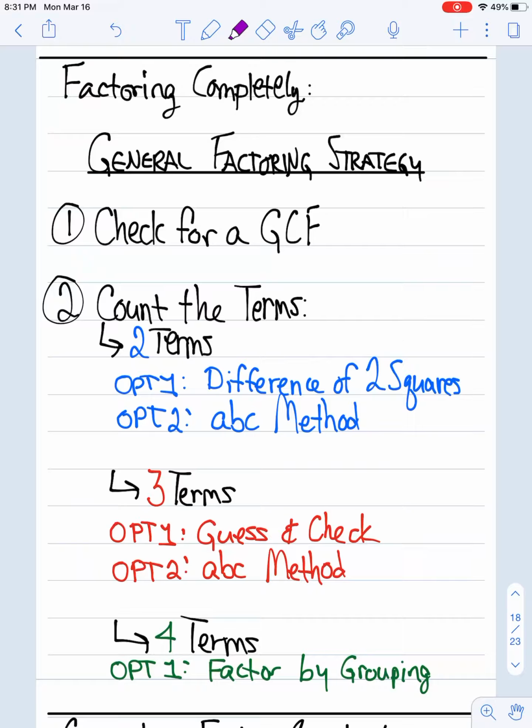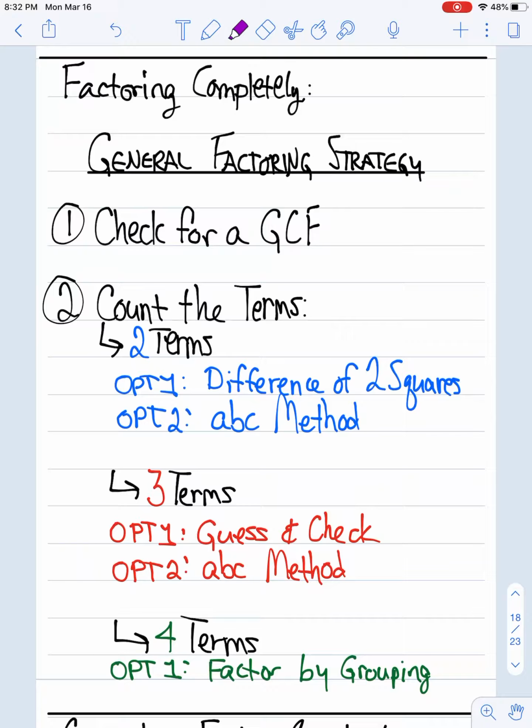Two options for three terms: if you want to guess and check, you can, but you still have to show your factoring process. You can also use the ABC method. And lastly, four terms is only one option. We can only factor four terms by grouping. So the first thing we do is check for a GCF, and then the technique we use depends on how many terms we have.